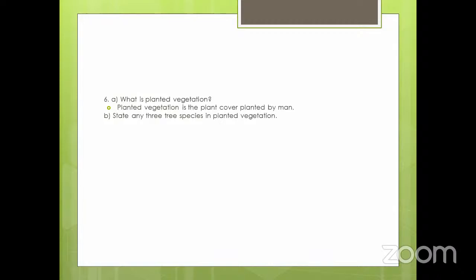Dan, do you want to tell us? What are some of these tree species? Mvule. Yes, Mvule.